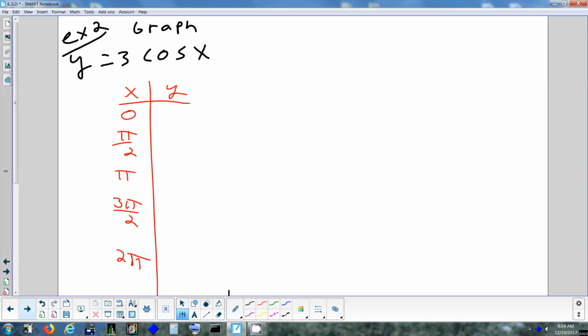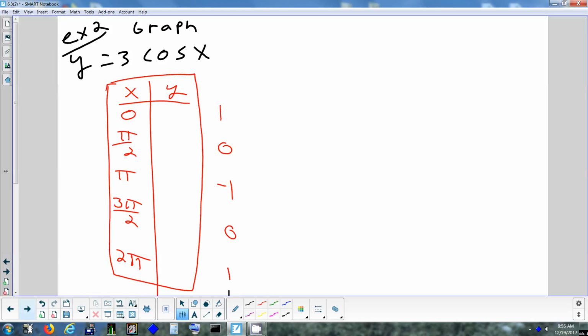Megan, can you give me my original y's for cosine? 1, 0, -1, 0, 1. And now, Abby, we're going to take all those values and multiply them by 3. So we're going to get 3, 0, -3, 0, 3. 5 points for those y values. Any questions on that?